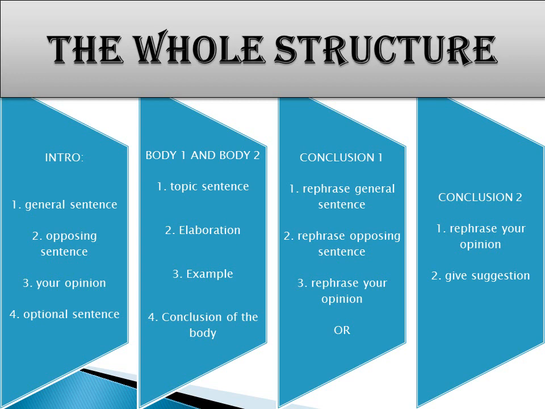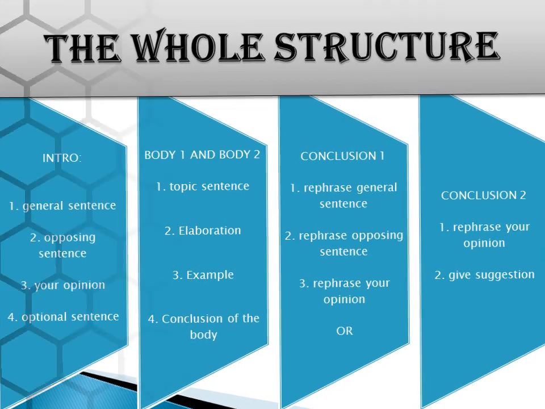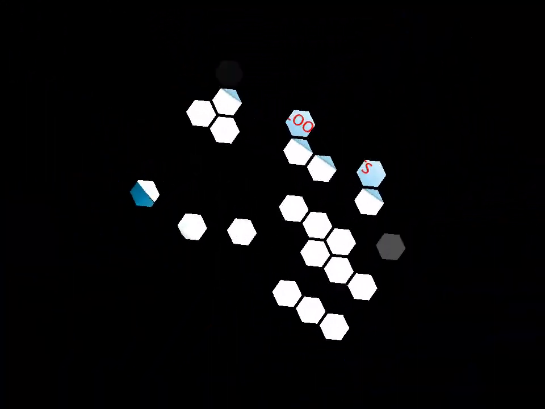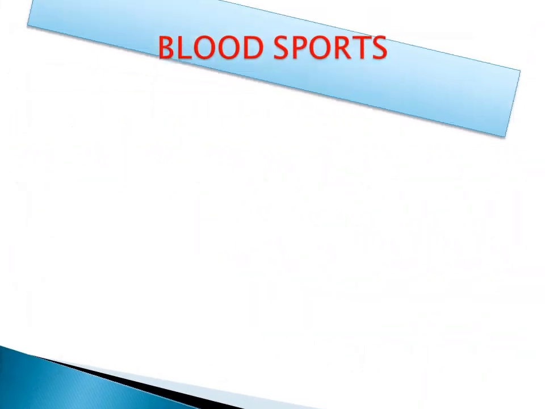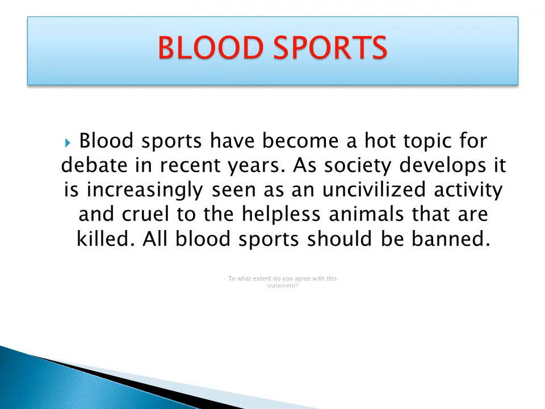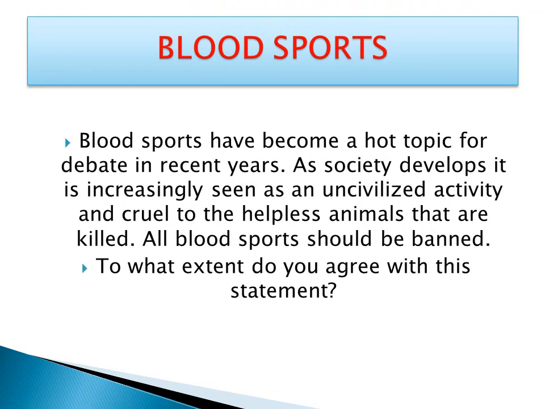Let's say I'm talking about some blood sports being unethical. Topic sentence: furthermore, blood sports is also the cause of a very amoral activity. Elaboration: this is because the human code of conduct never allows us to kill living things or inflict pain, and by doing so, we are going against our code of ethics.